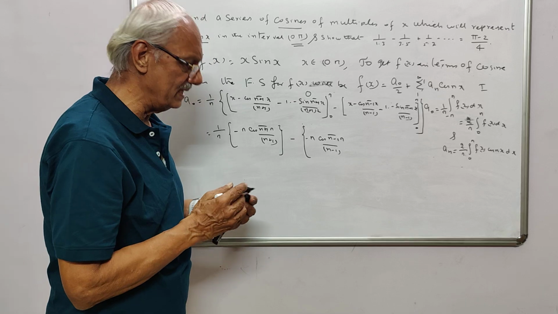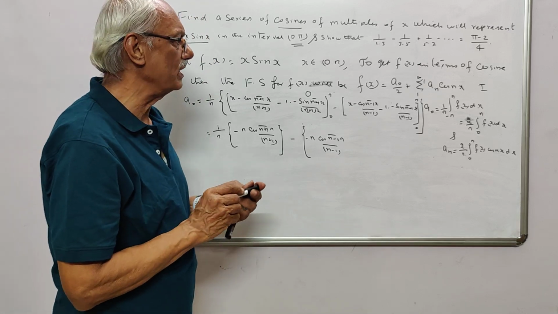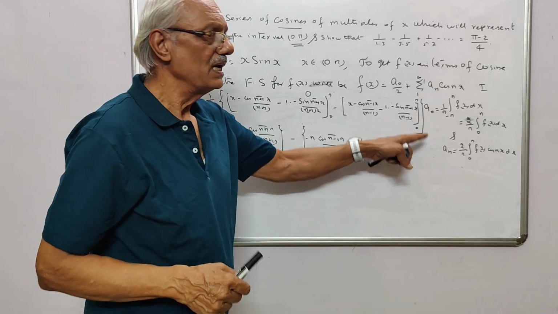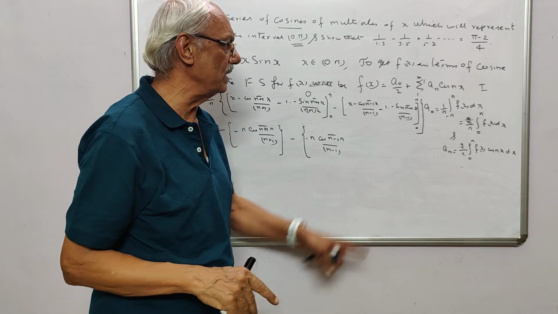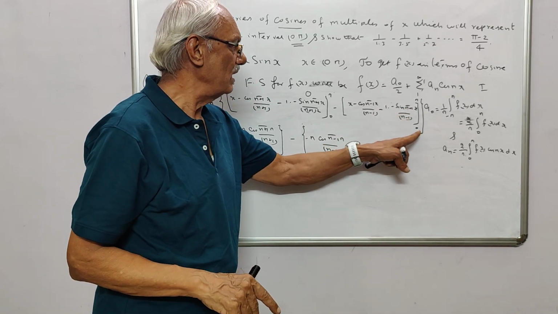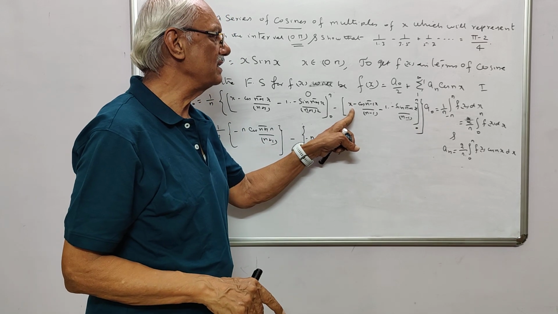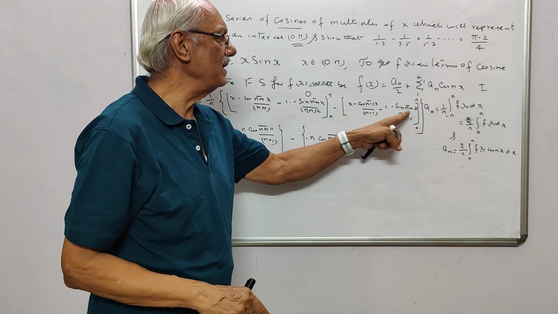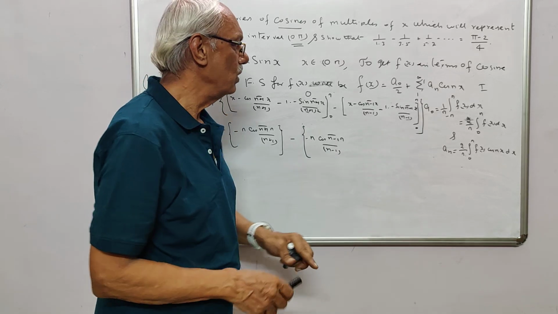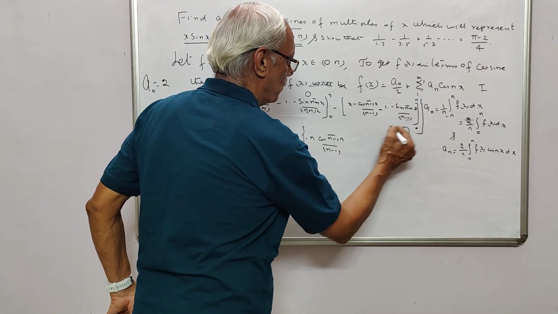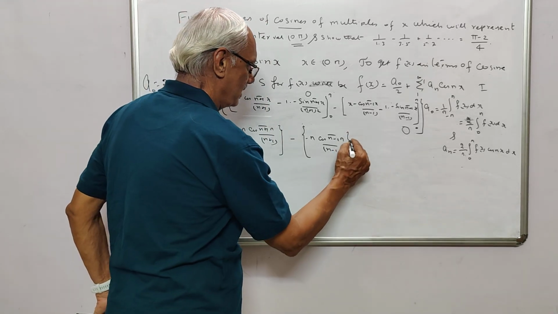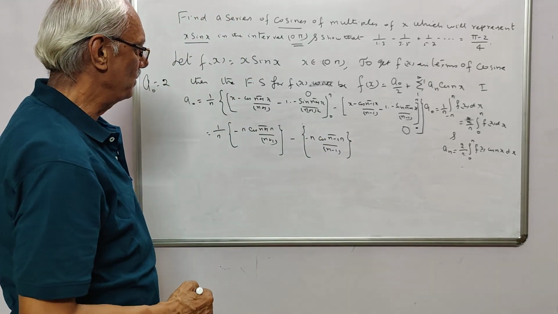Whether it is n minus 1 or n plus 1, sin n pi will always be equal to 0 for whatever be the value of n. So this will be 0. And if you apply 0 here, x is 0, so it will go off. And here sin 0 is 0. So this becomes 0 for all values. So don't worry about this. So you are left only with this. I hope that you are able to understand.